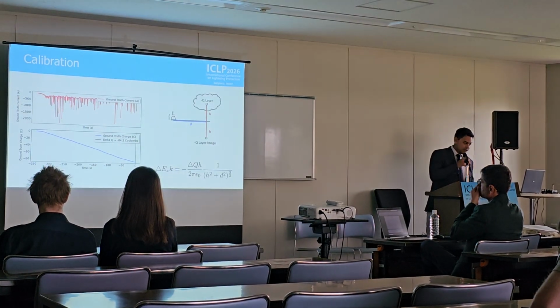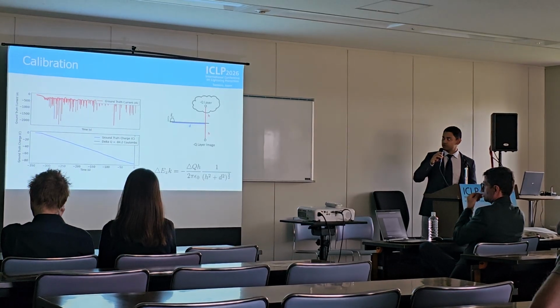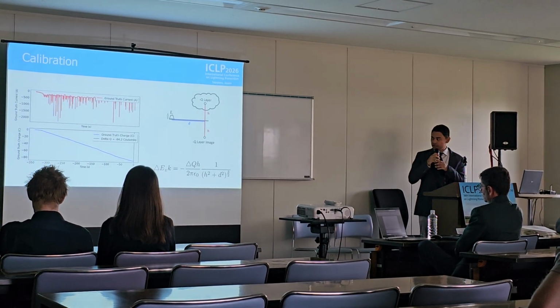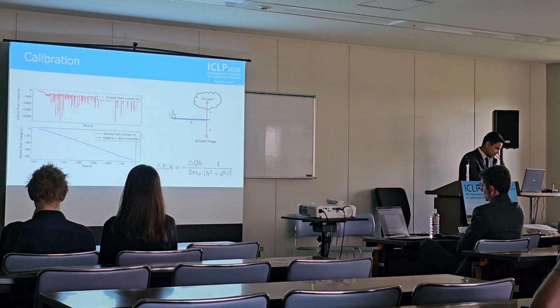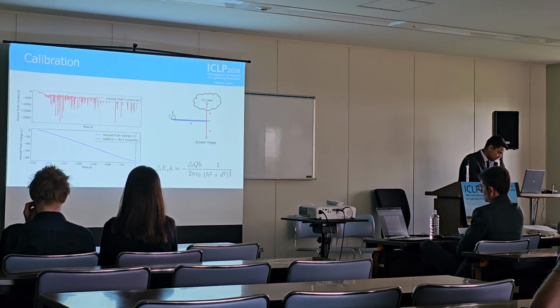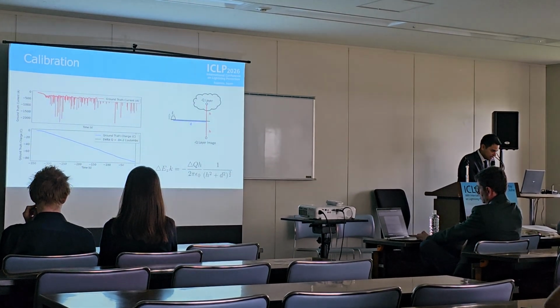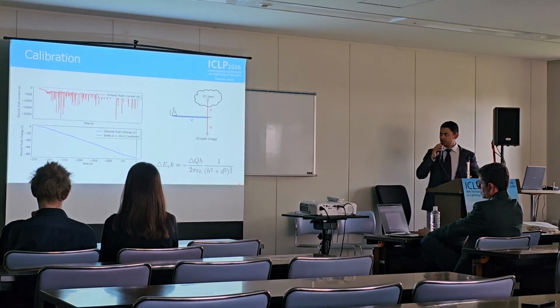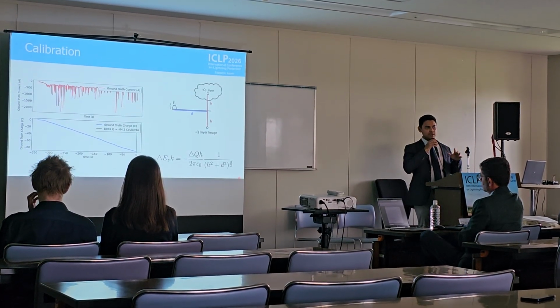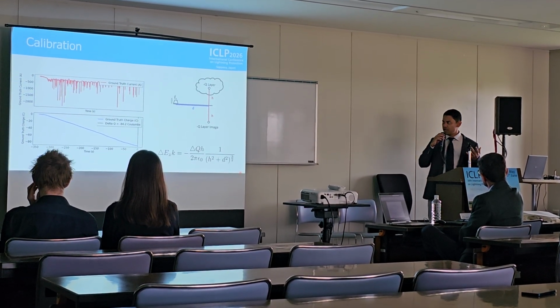Using the electrostatic approach and the method of images, we arrive at this formula. It is very well established in the literature, a simple way to estimate the electric field change.